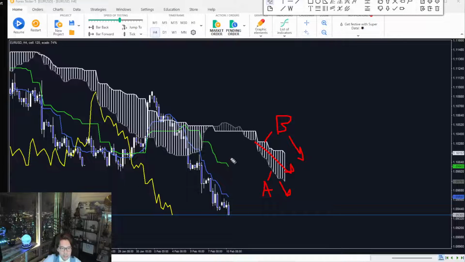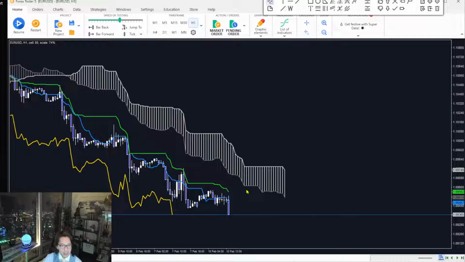And the green Kijun-sen is down, Tenkan-sen is also down, and Chikou span is below the candles. So this is, to me, a nice bearish trend. It's a nice downtrend.